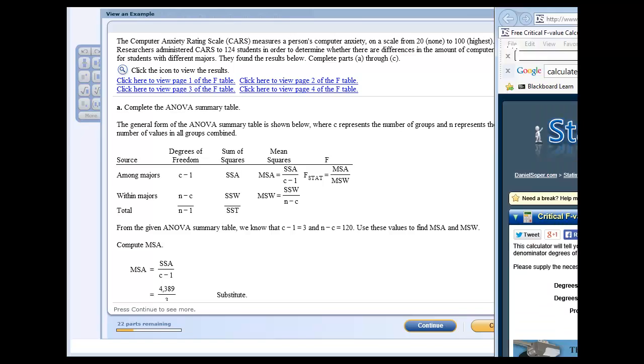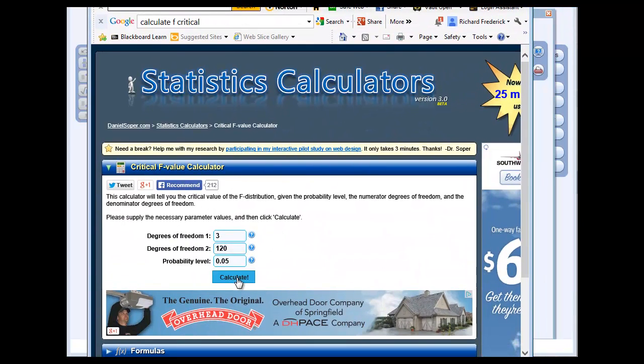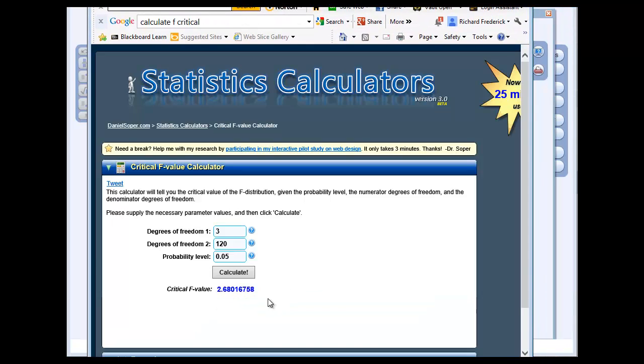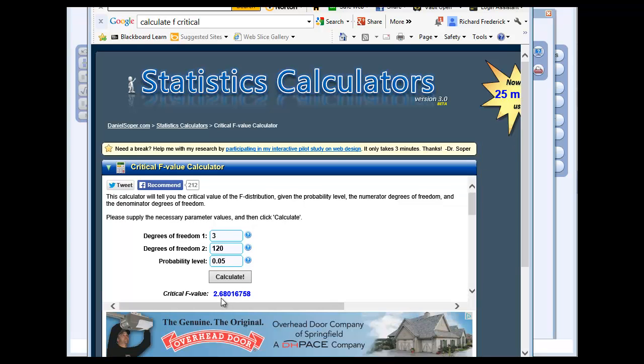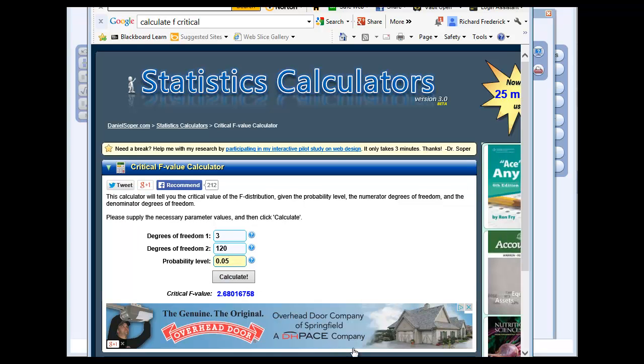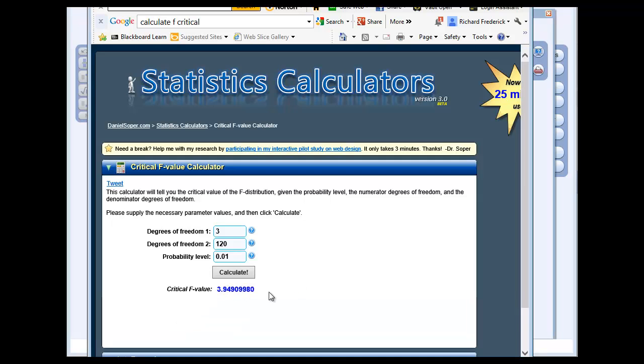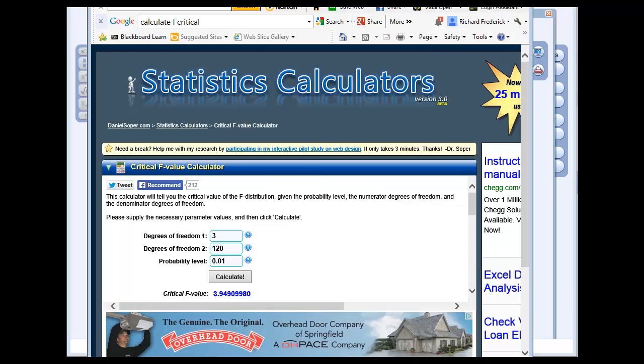I forget what our alpha level is going to be, but we'll just calculate here. At 0.05 gives us 2.68 as the critical F value. If we do it at 0.01, it'd be much larger. To have more confidence at 0.01, you're going to need a much larger critical F, so 3.95.